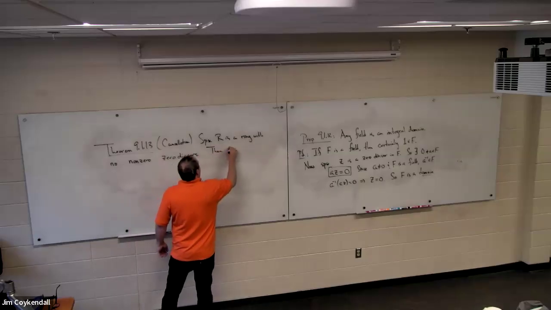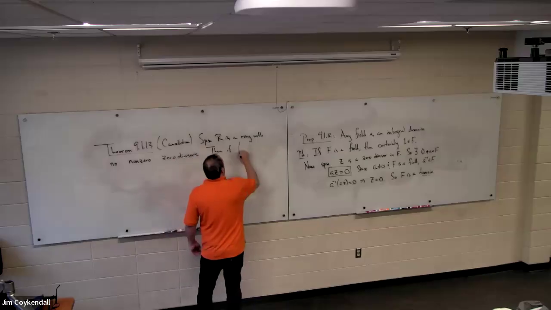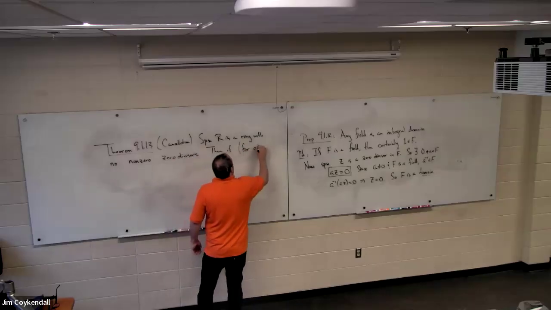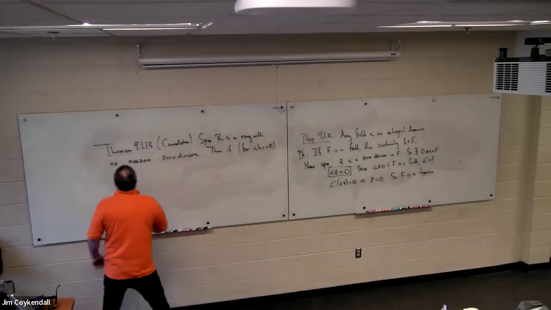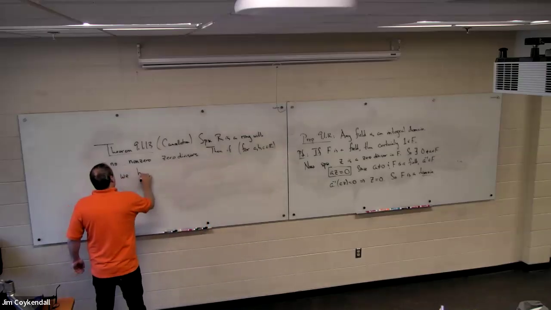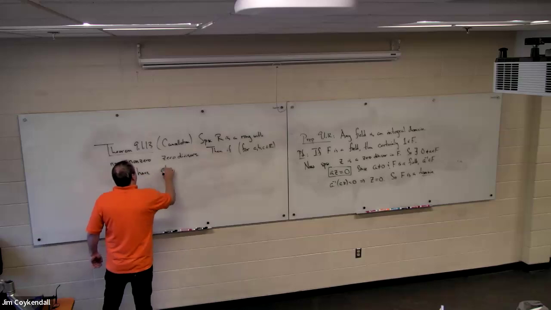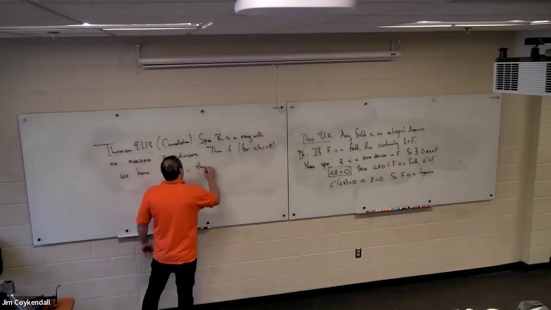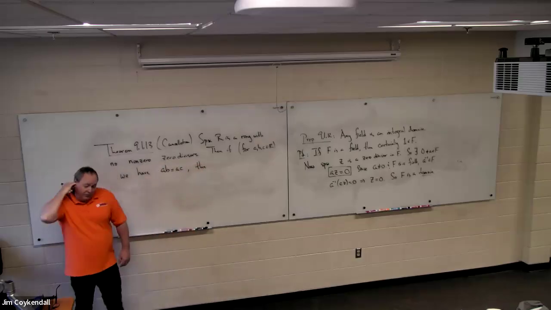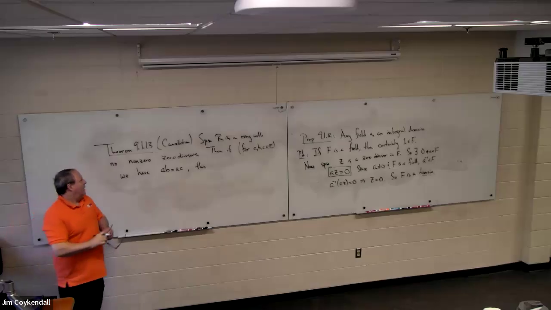Then if for A, B, C in R we have AB equals AC, then what are you just dying to do here?